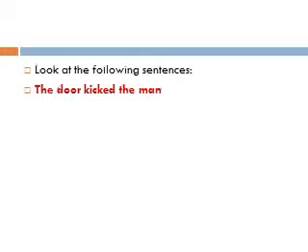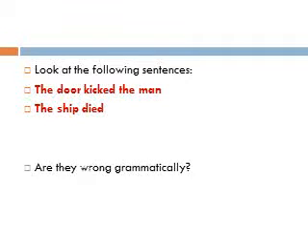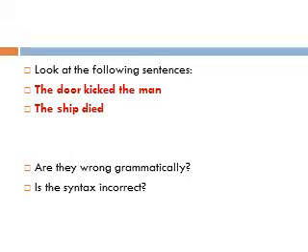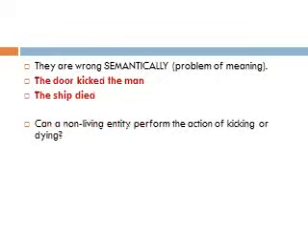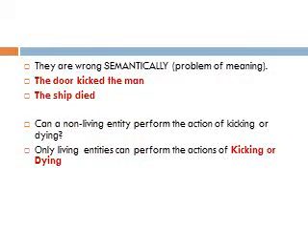So let's consider some other examples. The door kicked the man. The ship died. Again, are they wrong grammatically? No, they are well-formed sentences and they are correct. Is the syntax incorrect? No, actually the syntax is correct. So then what's the problem? The problem is that they are wrong semantically or semantically odd, because a non-living entity cannot perform the action of kicking or dying.